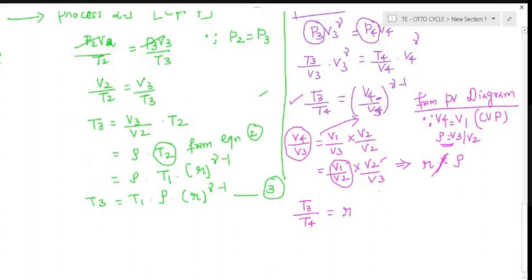If you substitute here, instead of V4 by V3, it is 1 divided by rho power gamma minus 1.